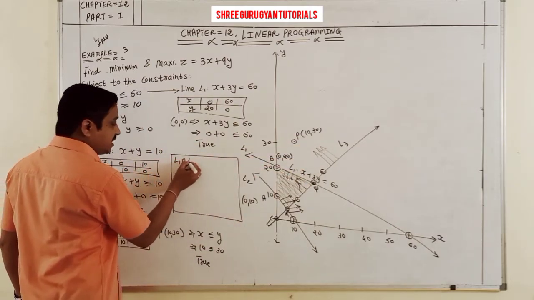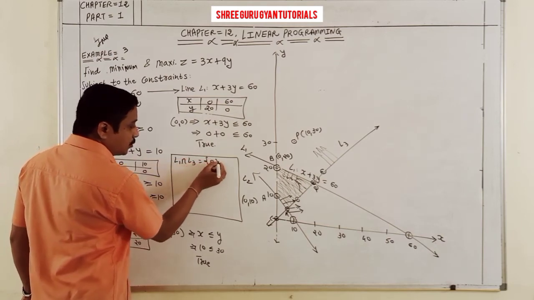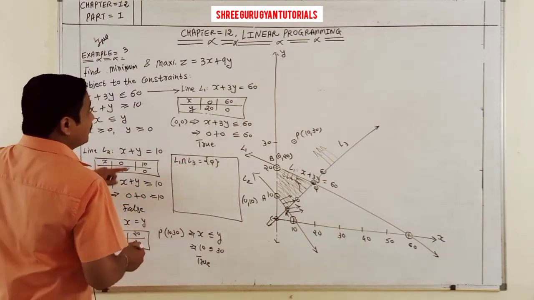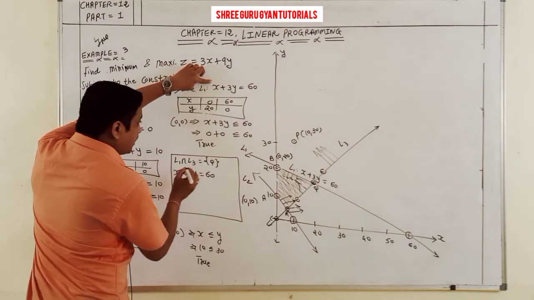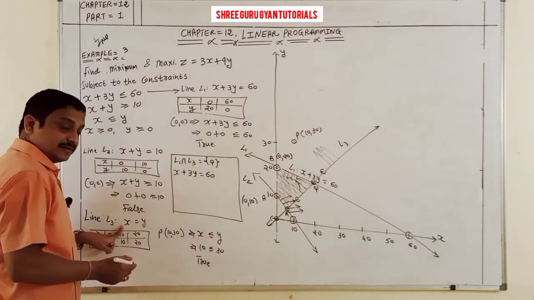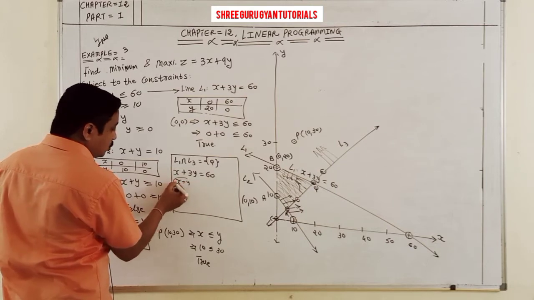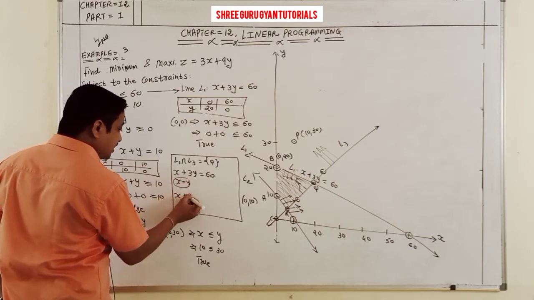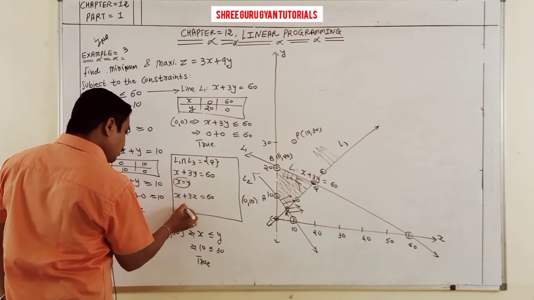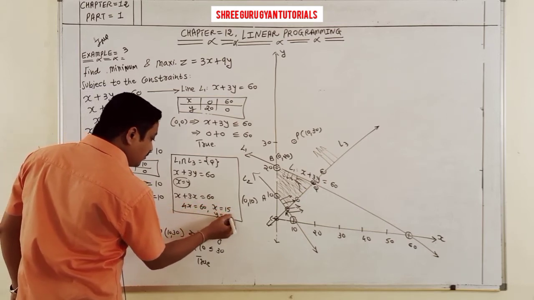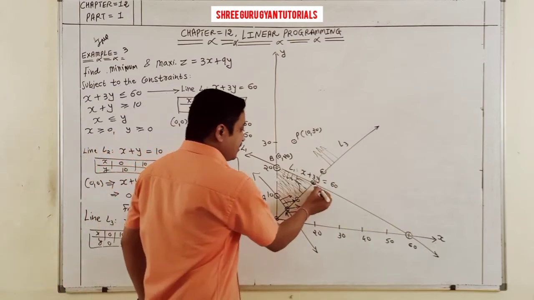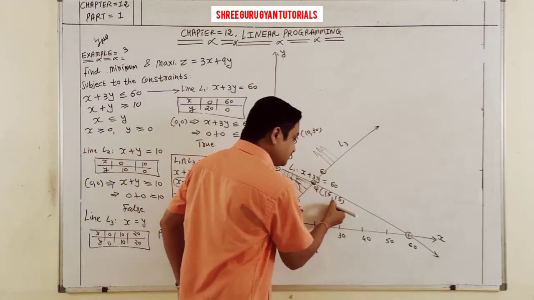L1 intersection L3 at the point Q. So L1 is this and L3 is this, x is equal to y. You put it down here, x plus 3x, 4x, x becomes 15, y becomes 15. It means this point is ready, (15, 15).